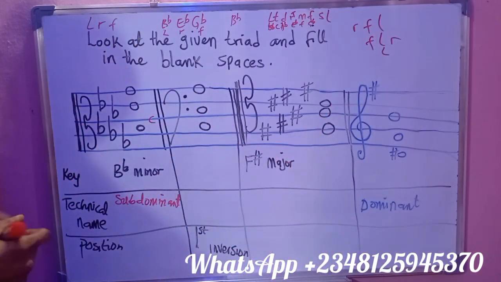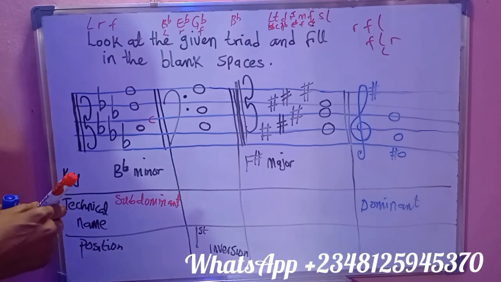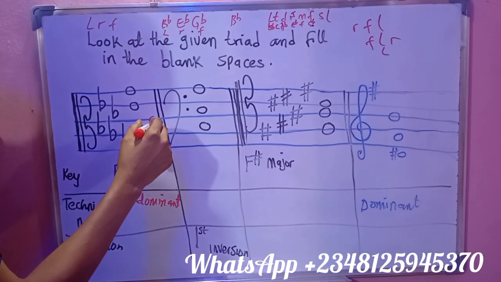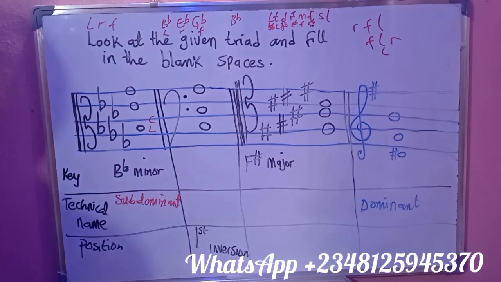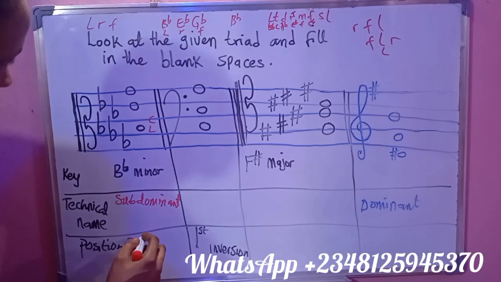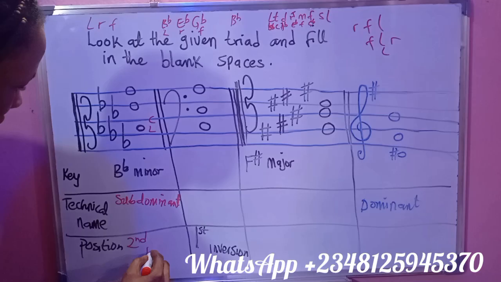And then what do we have as the lowest note here? Let's find out. So we have La here. So that means what we have here is the second inversion of chord 4.